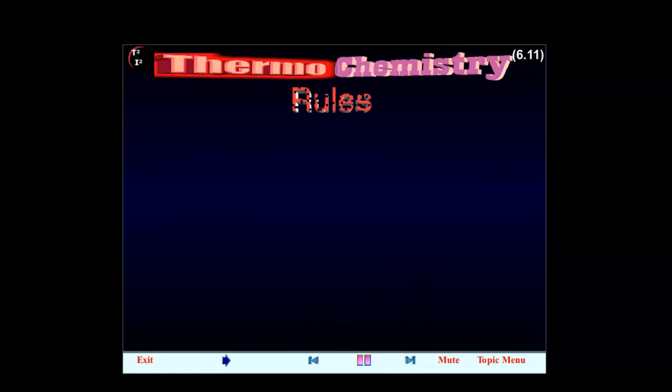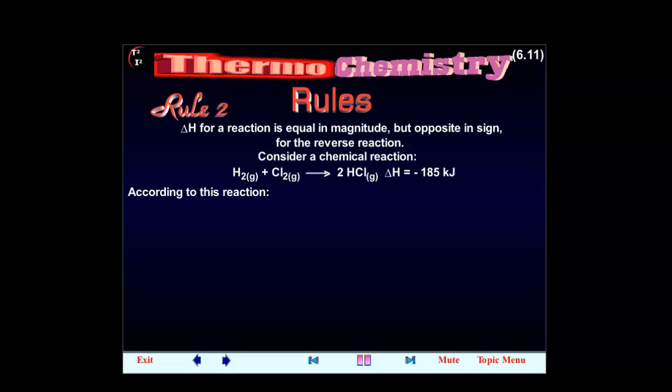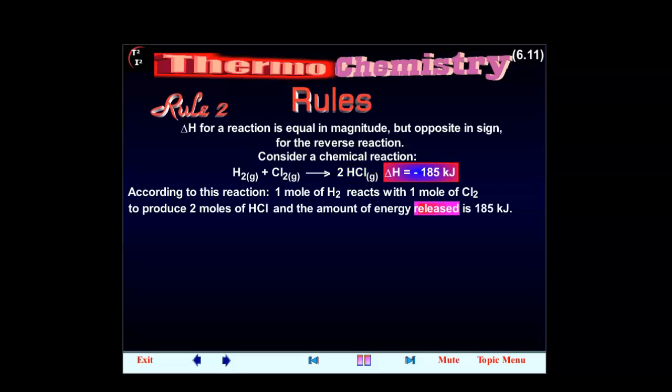Thermochemistry. Rules. Rule 2. Delta H for a reaction is equal in magnitude but opposite in sign for the reverse reaction. Consider a chemical reaction. According to this reaction, 1 mole of hydrogen reacts with 1 mole of chlorine to produce 2 moles of hydrogen chloride, and the amount of energy released is 185 kilojoule.